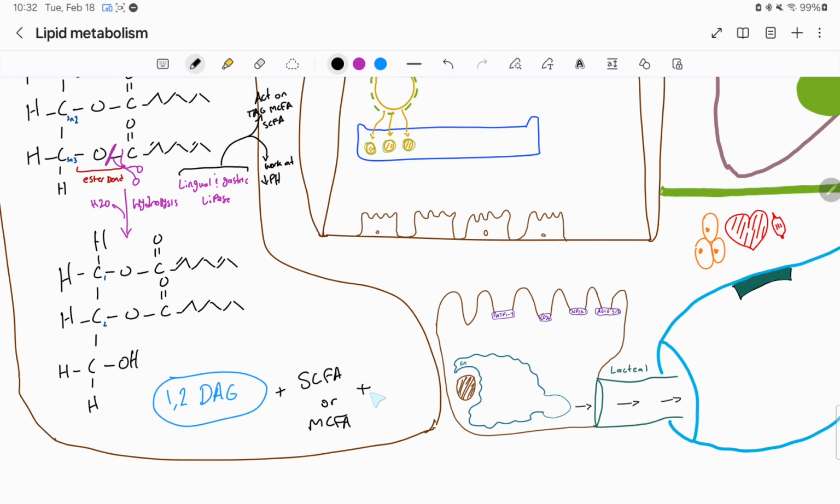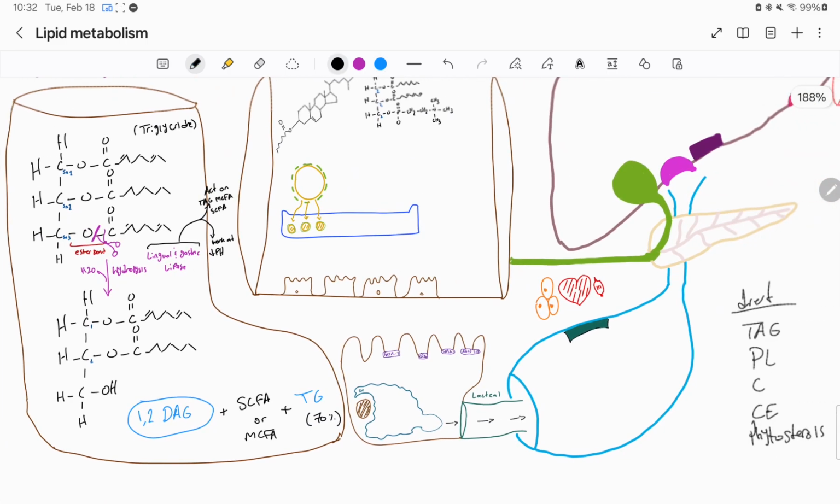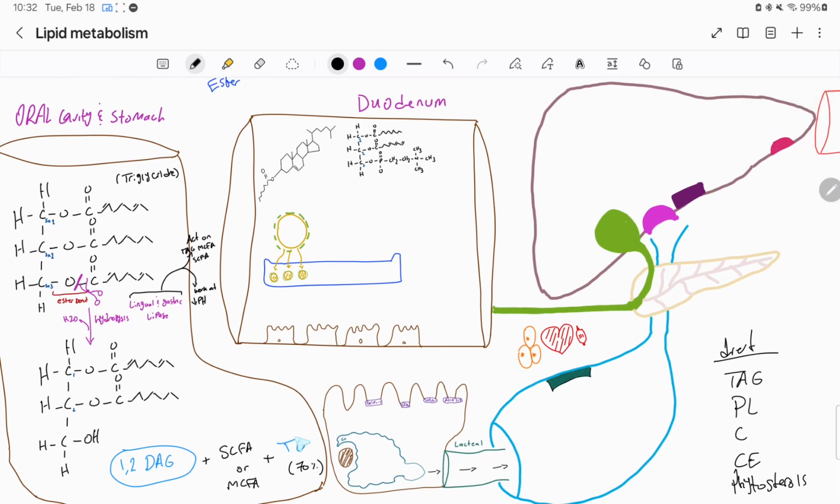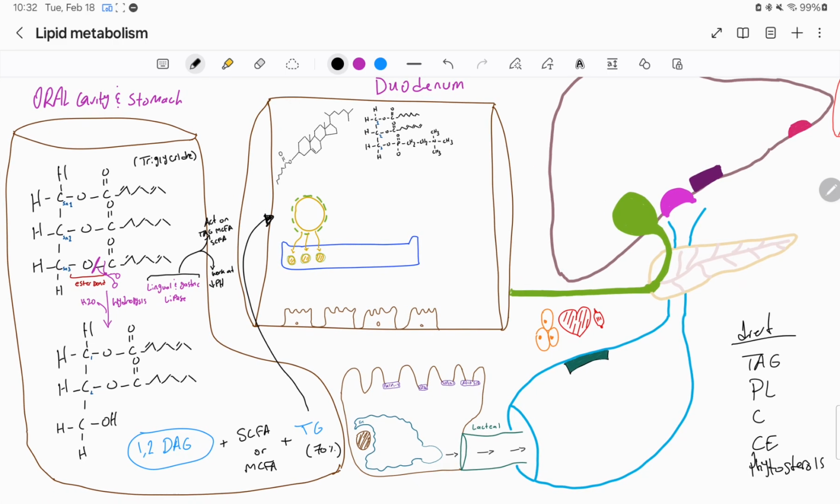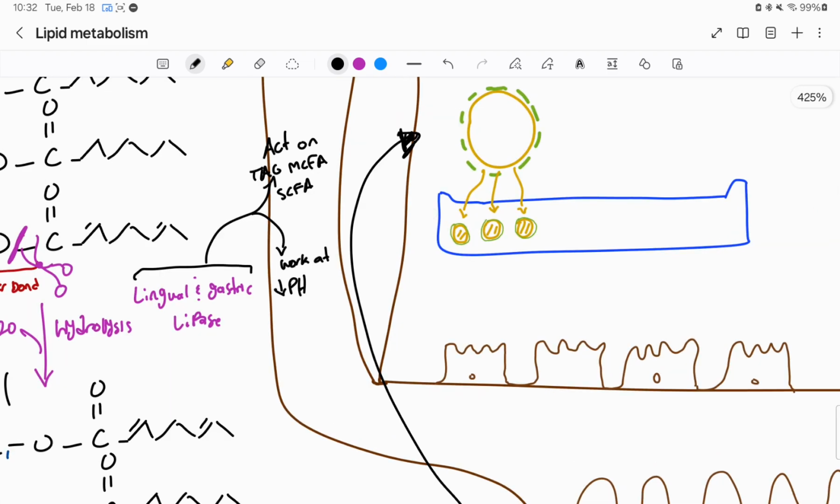But really, we didn't cleave the majority of the triacylglycerides in the diet right there. We left a remainder of 70%. 70% of the triglycerides remain and go off all the way to the small intestine, which means what, guys? Which means that lingual and gastric lipase together contributed to about 10 to 30% of the triacylglycerol digestion.